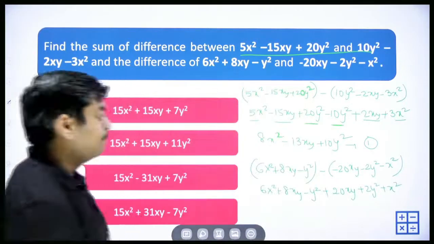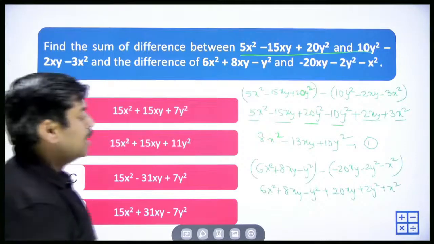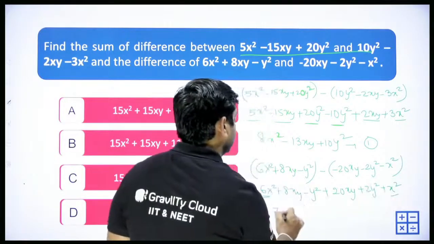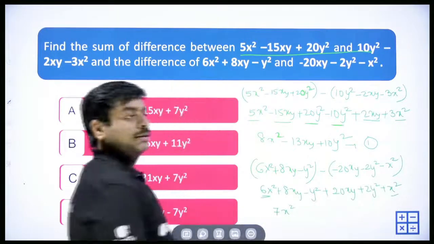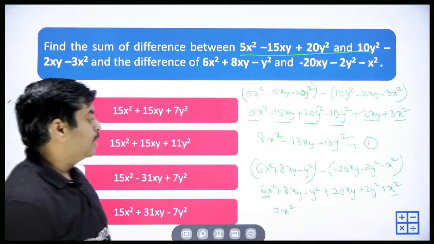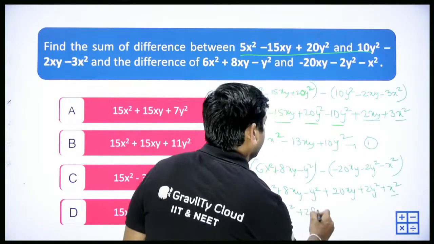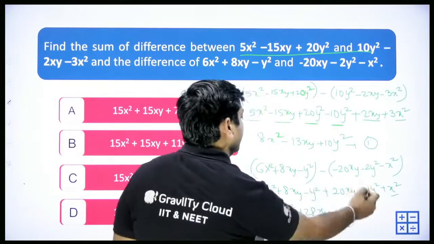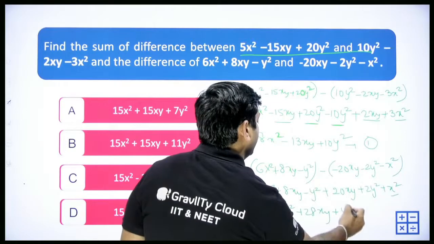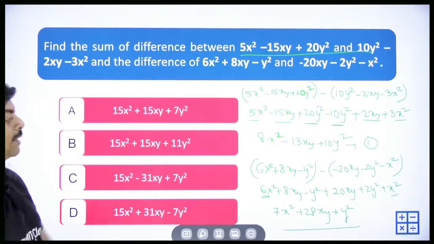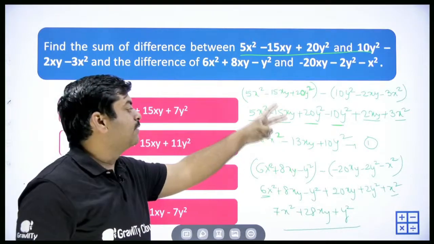So 6x square plus x square gives 7x square, plus 8xy plus 20xy becomes plus 28xy, and minus y square plus 2y square gives plus y square. So 7x square plus 28xy plus y square, and the other is 8x square minus 13xy plus 10y square.